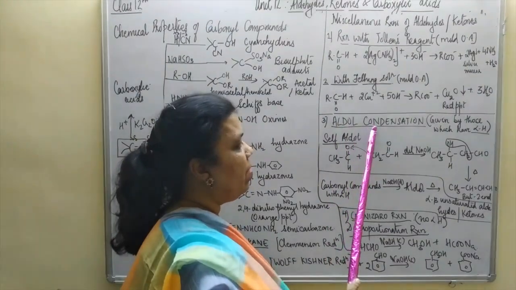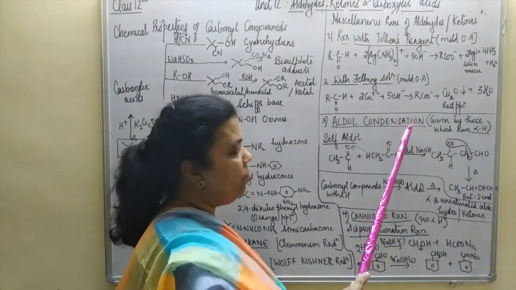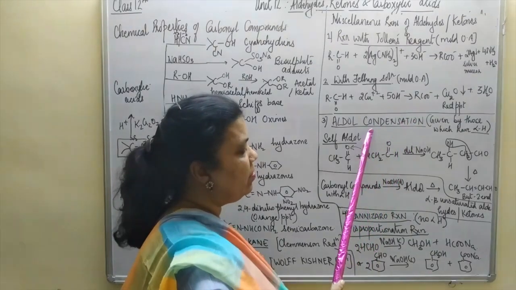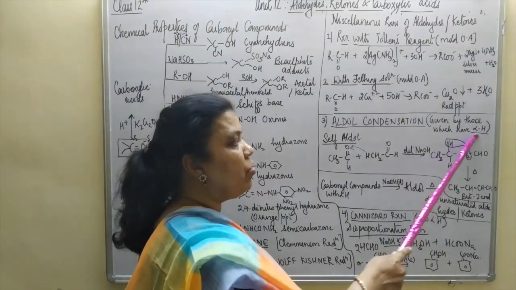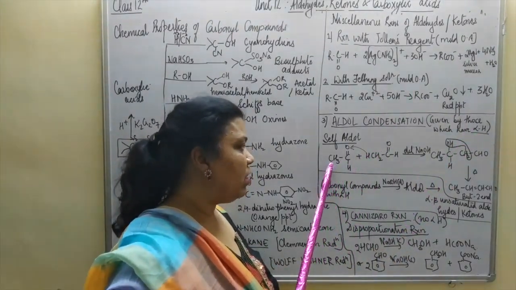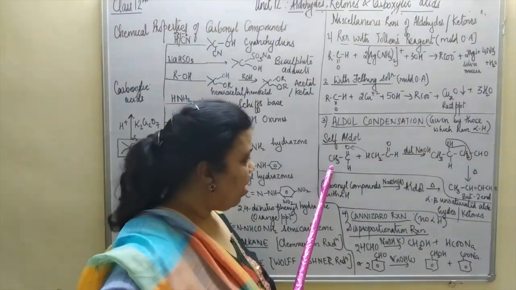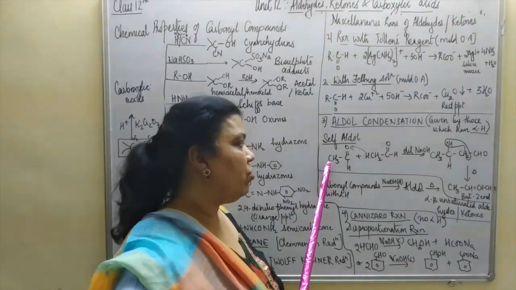Next reaction is a very important reaction called aldol condensation. First of all, let me tell you that this reaction is given by only those aldehydes or ketones which contain alpha hydrogen. Alpha hydrogens are the hydrogens attached to the alpha carbon, and the alpha carbon is the carbon adjacent to the functional group.